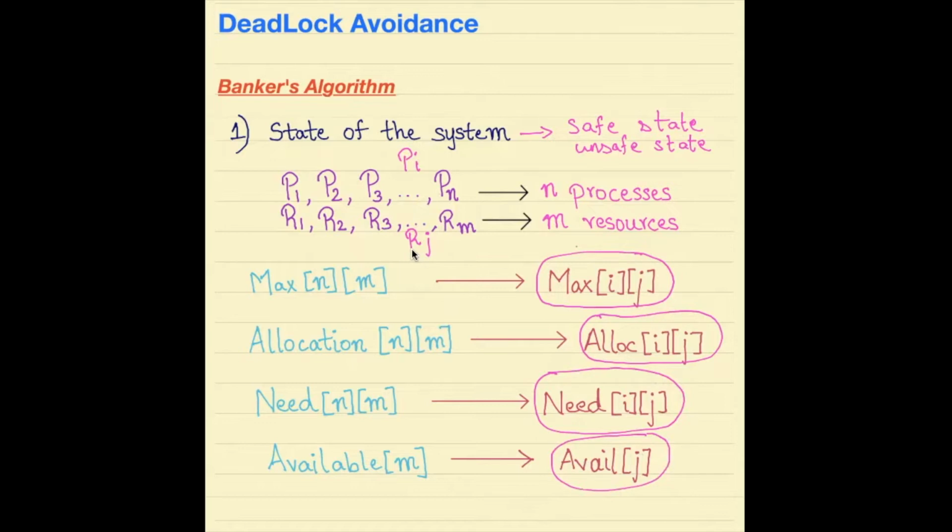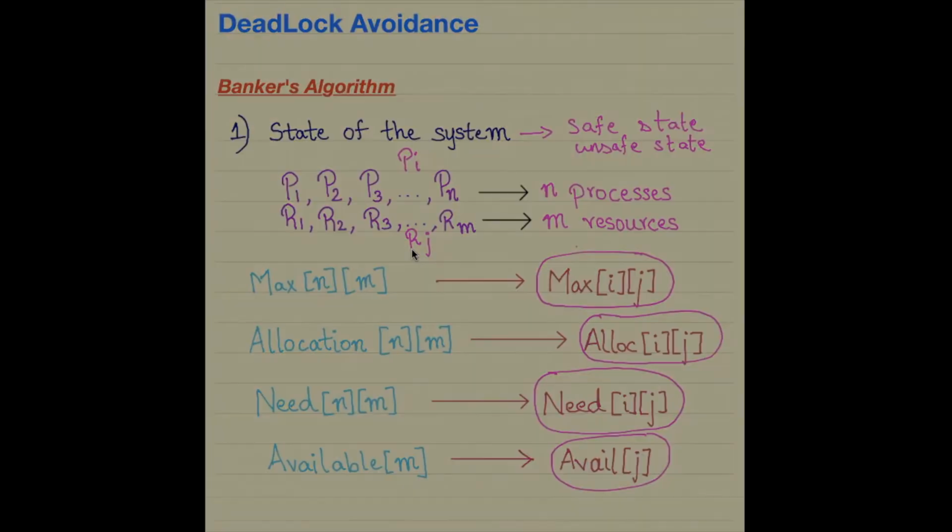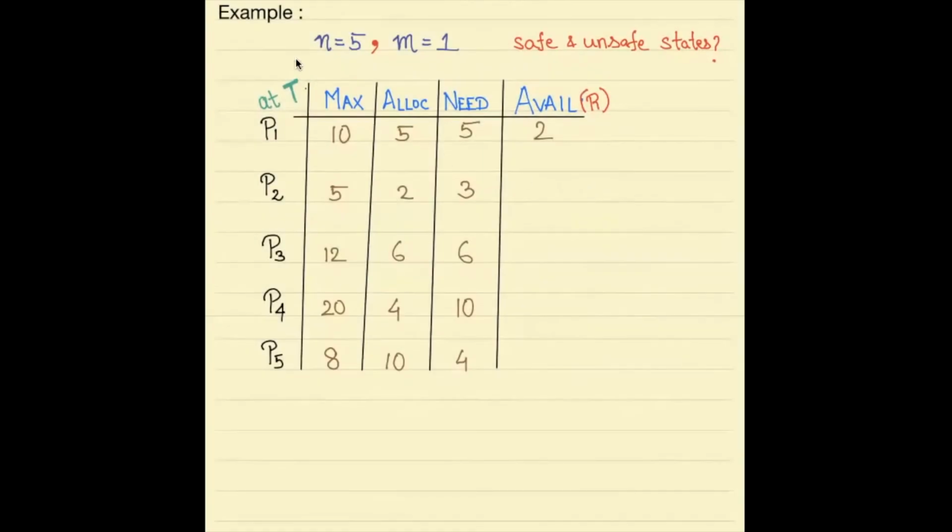For better understanding of the Banker's algorithm, let's see an example now. Here in this example, there are n processes P1, P2, P3, P4, P5. So n equals 5 represents there are 5 processes.